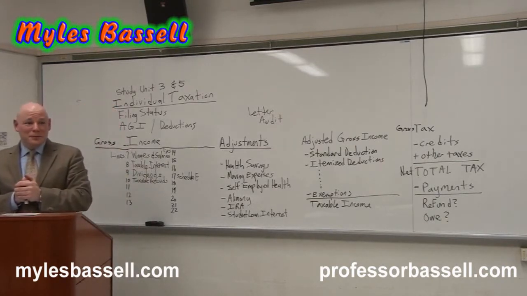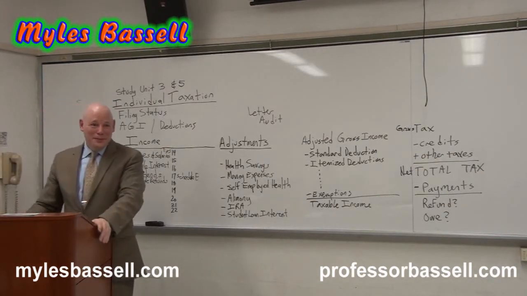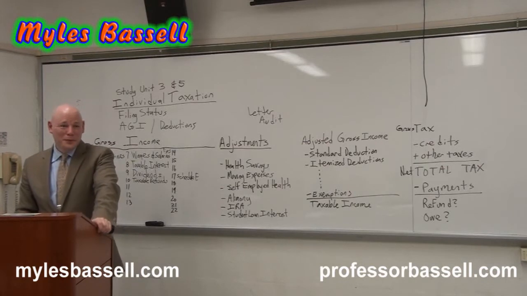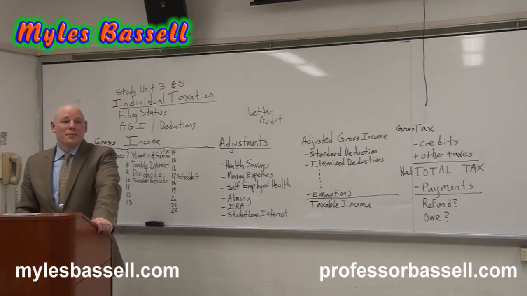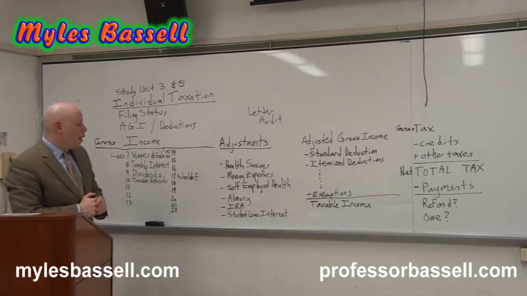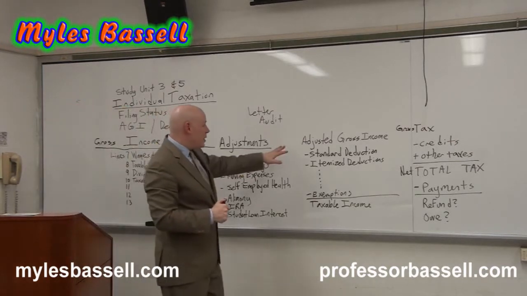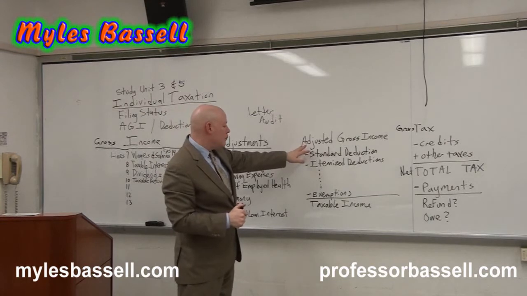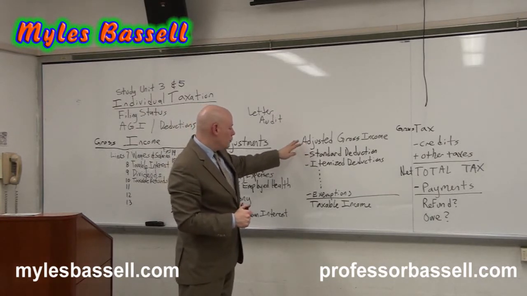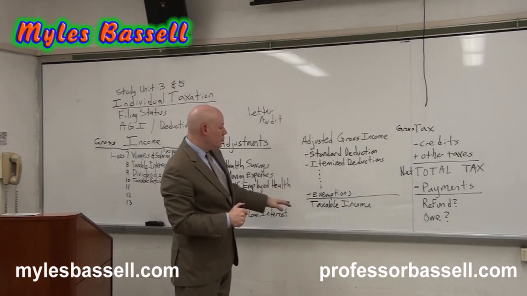Okay, so it will reduce AGI, the adjusted gross income. Right. So would it be considered above the line?